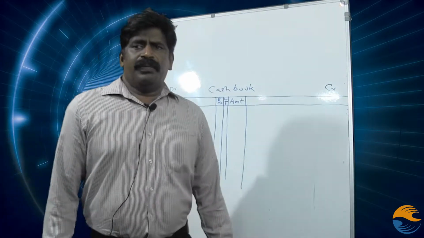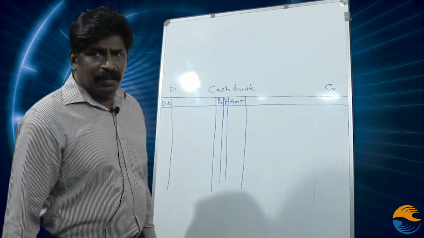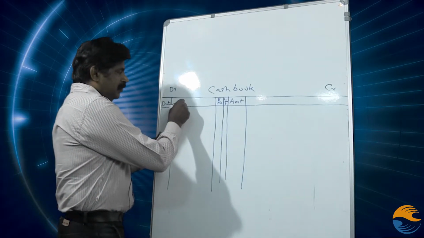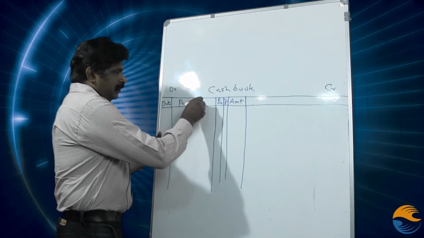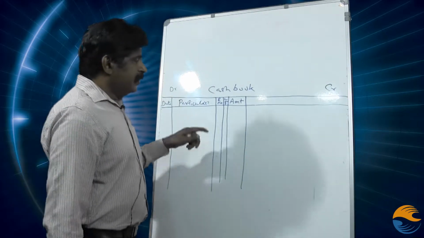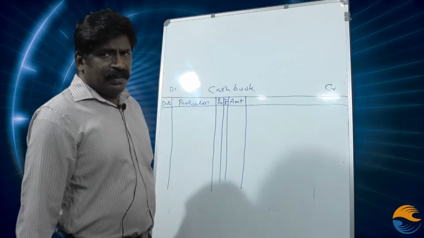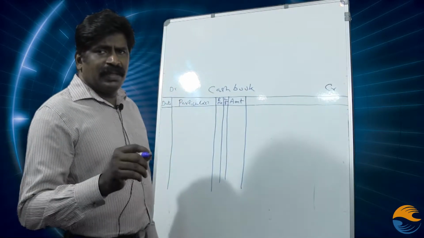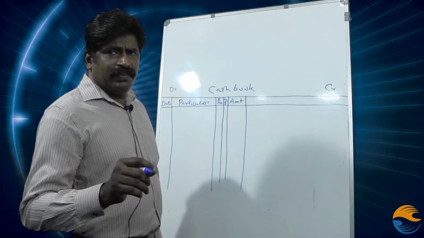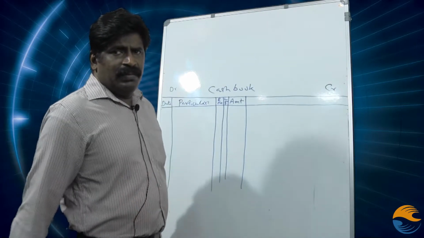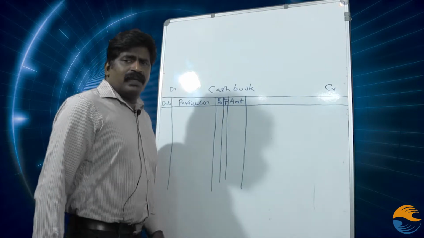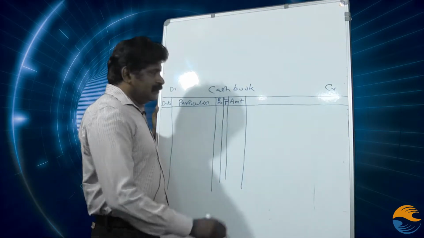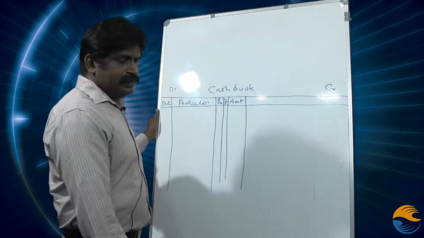These are the columns that appear on the debit side of the single column cash book. Date column, the next column is particulars column, then receipt number. Receipt number consists of the receipt number of our amount received, and then ledger folio column, then amount column.